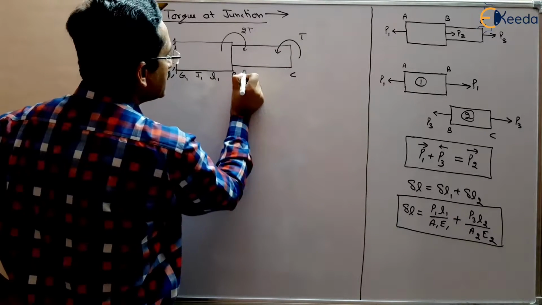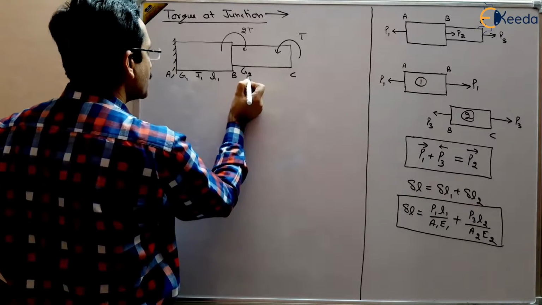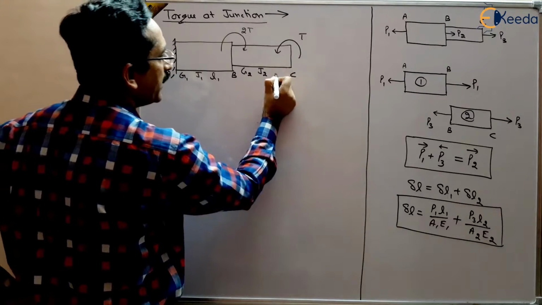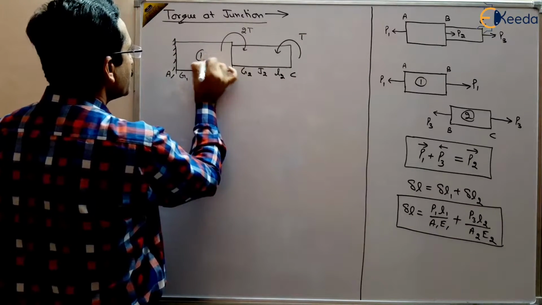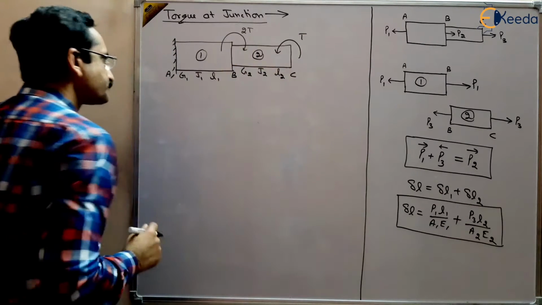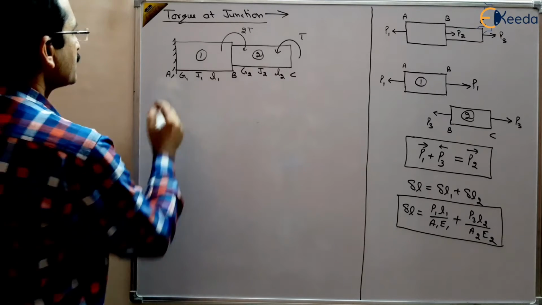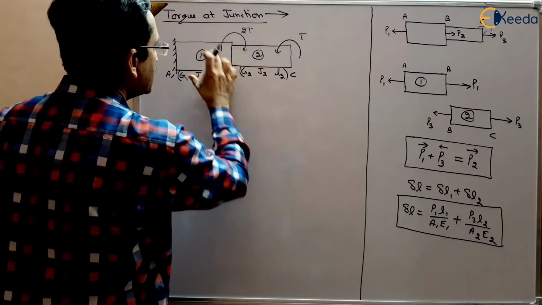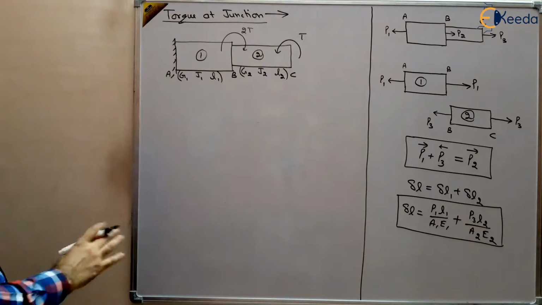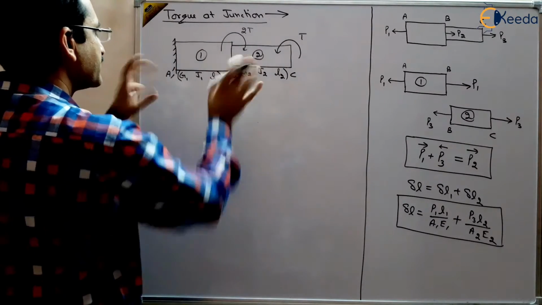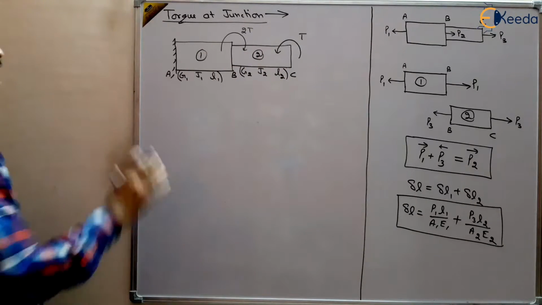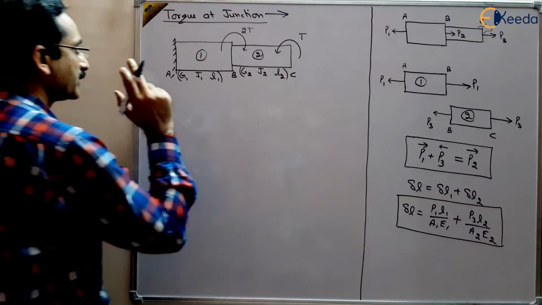G2 is the modulus of rigidity, J2 is the polar moment of inertia, L2 is the length, and suppose this is one part and this is two part, right? These quantities are given for these two shafts. Different materials, different diameters, different lengths are there, and torques are applied like this, and we want to find out the total angle of twist.